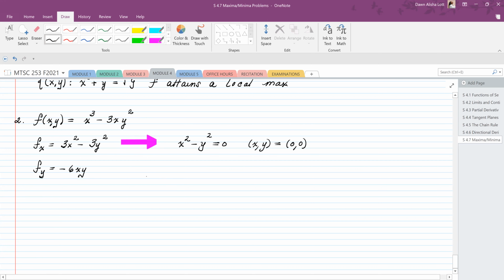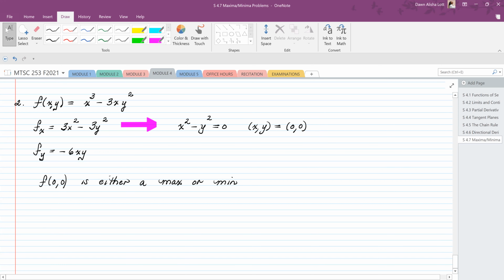So now I know f of 0, 0 is either a max or a min, just from looking at this, or it could be something else, we're not sure. Okay.